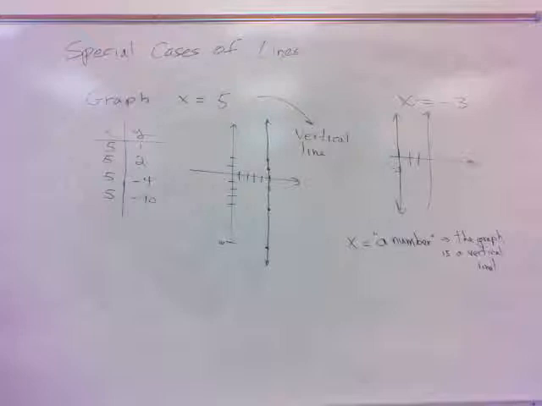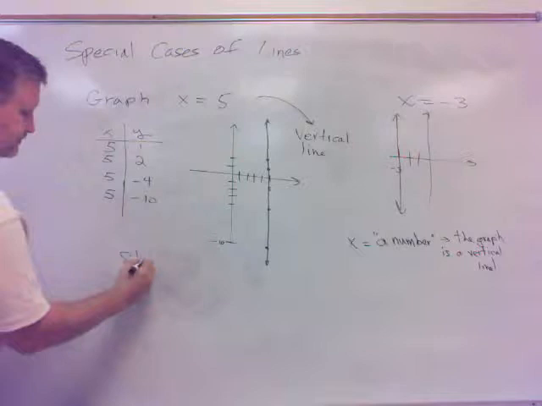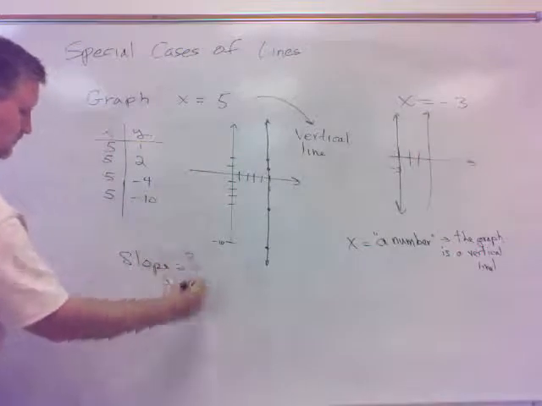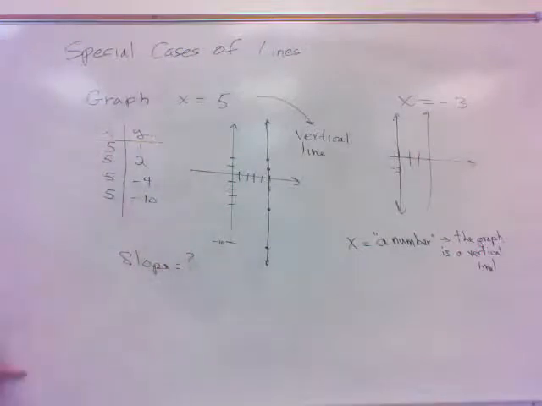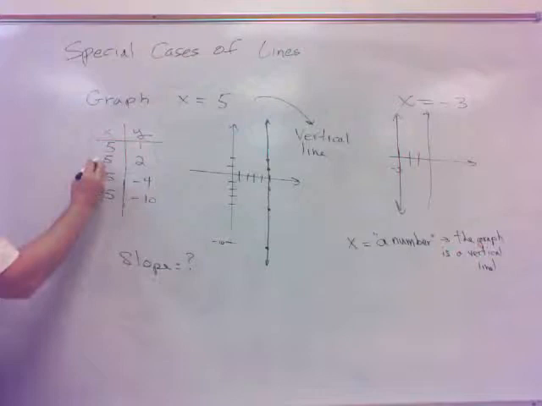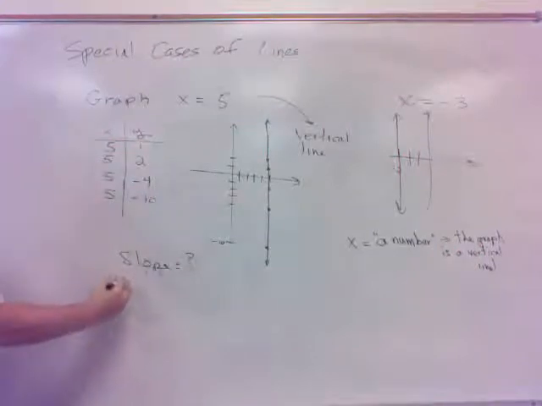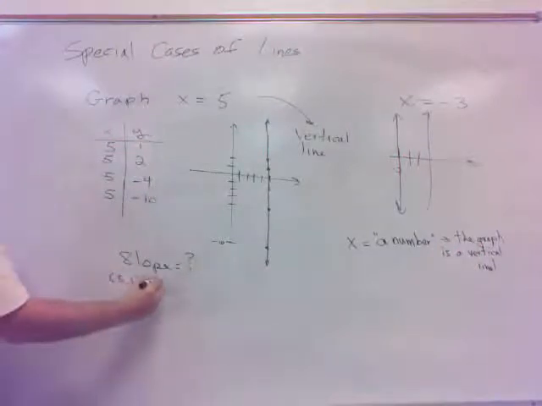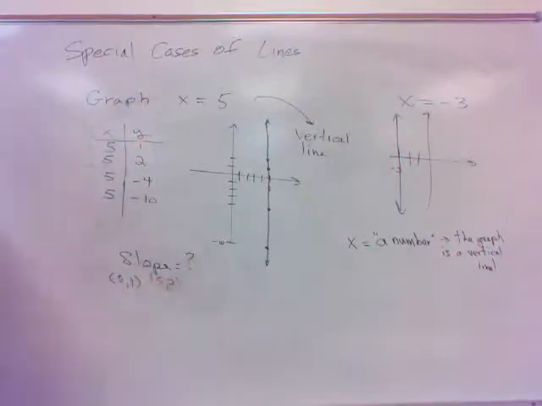Now, the other thing let me mention here too, while we've got it here, is the slope. Let's do it specifically here, and then we'll generalize it. What is the slope of this line? Well, I've got 2 points, don't I? I've got (5, 1) and I've got (5, 2). So I can do my slope formula.